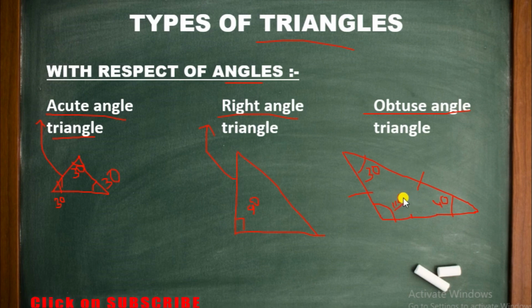Obtuse angle means greater than 90. 110 is greater than 90, so it is an obtuse angle. So a triangle having an obtuse angle is called obtuse angle triangle. So what is obtuse angle triangle? A triangle having one obtuse angle, that means an angle which is more than 90. So these are the three types of triangle on the basis of angle.